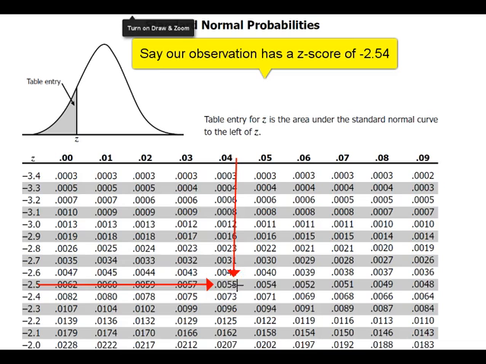So the number that we calculate is 0.005. That is the area below the curve, the normal distribution, below negative 2.54. What this number represents is the probability that you would see a data point that has a z-score of 2.54 or something even more negative than that.